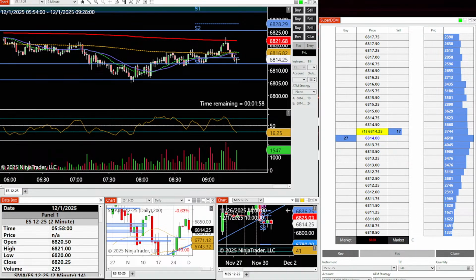The camera's not showing. Let me make sure I got the right one. Aha! I see why it's not showing. Oh, let me get it. It's in, but it's not showing. Hopefully my sound is not bad.